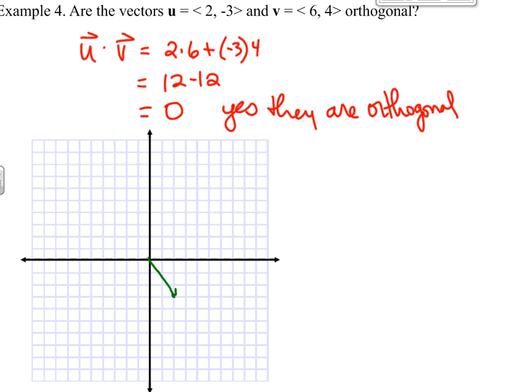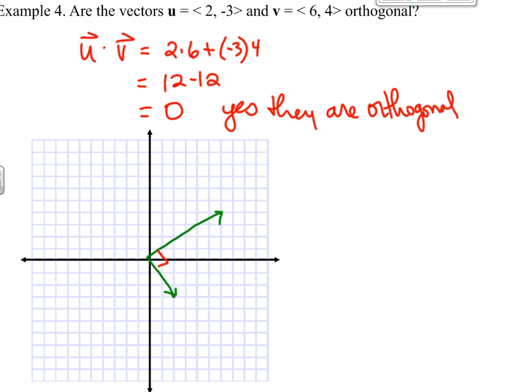And I'll draw it freehand. And then 6, 1, 2, 3, 4, 5, 6, 1, 2, 3, 4 is right there. And visually they look like they make a right angle there. So that's just to validate that if we need to.